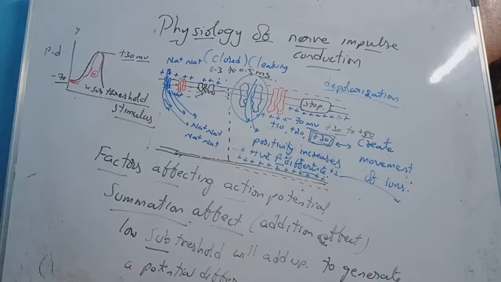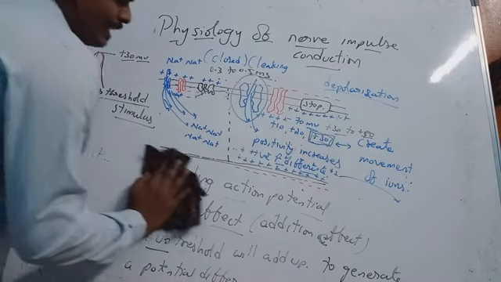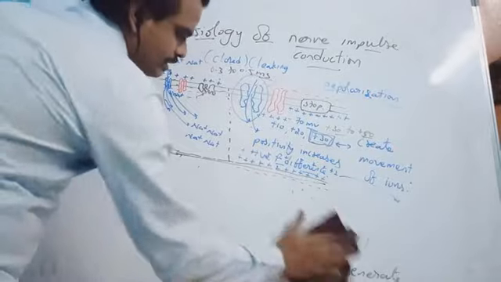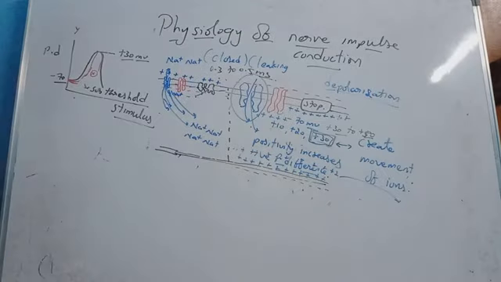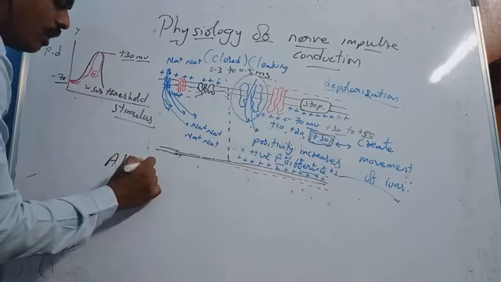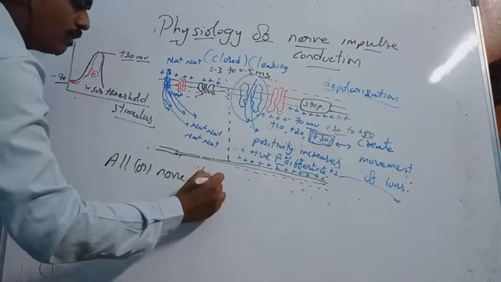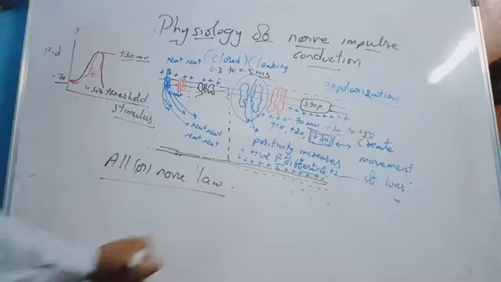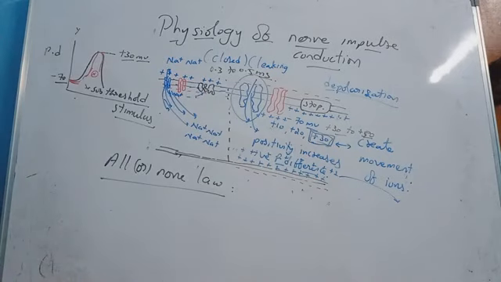Okay. Now the third one is that generation of nerve impulse follows a law called the all or none law. Nerve impulse generation always follows the all or none law.